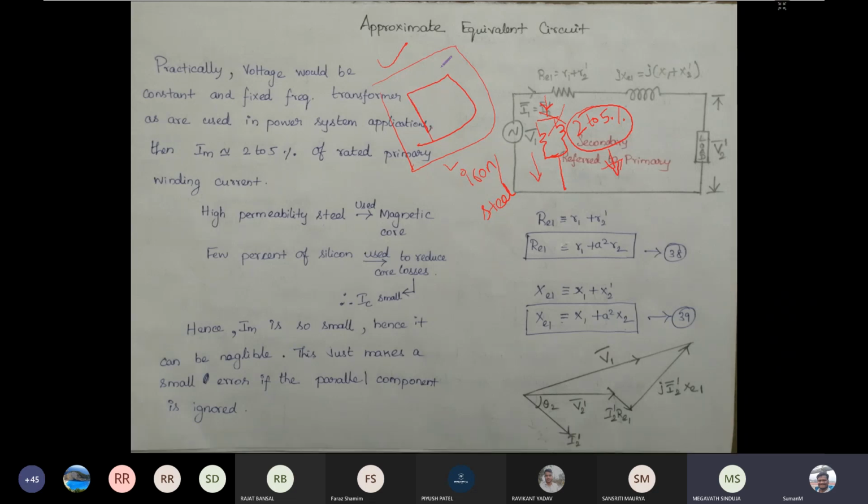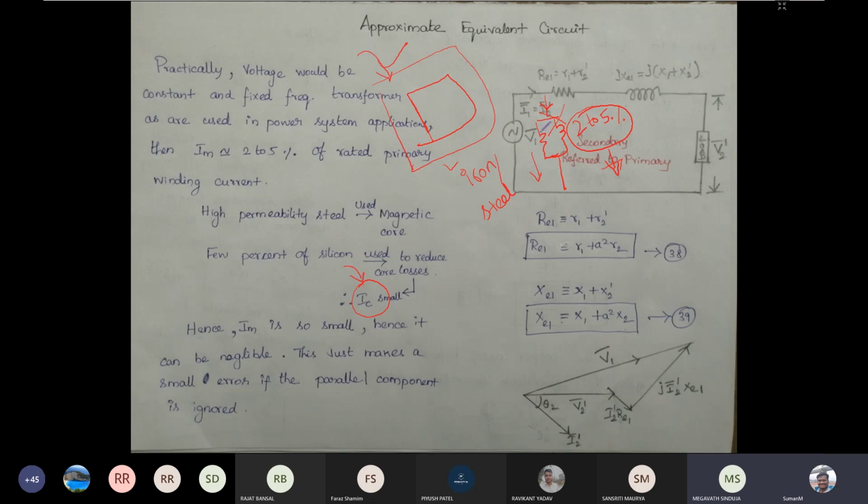Once we choose the material like that, the losses happening in the core material are reduced. Once the losses in the core material are reduced, obviously the IC is also reduced. What is IC? IC is the component responsible for the core loss which happens in the core.